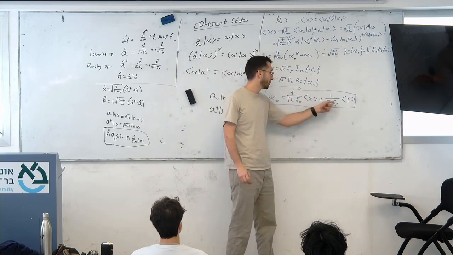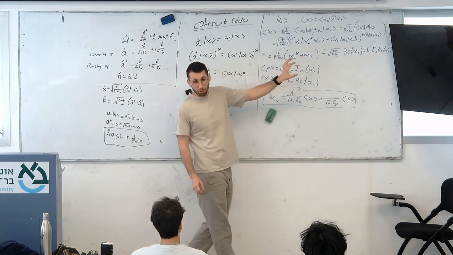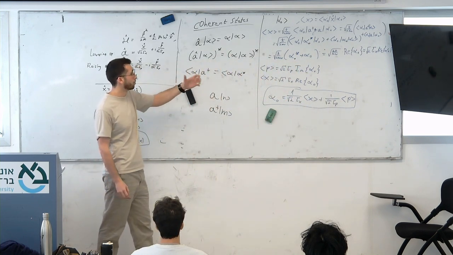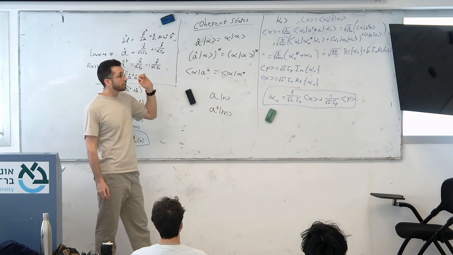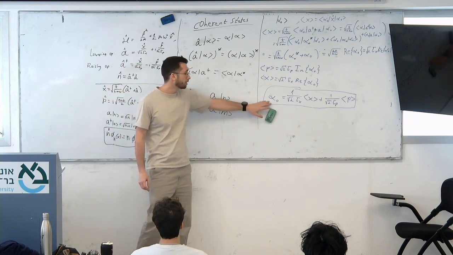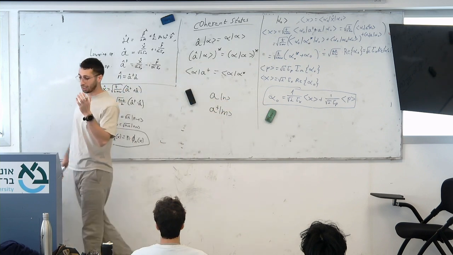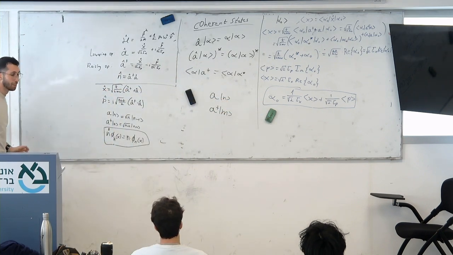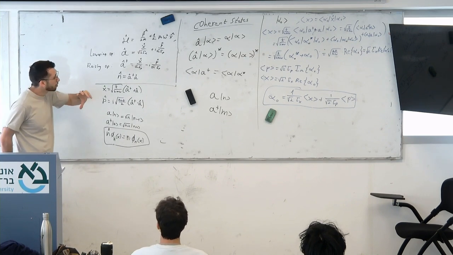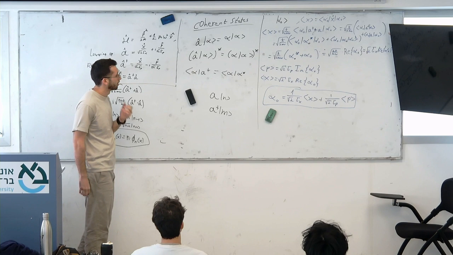This is almost like the classical limit of some state. This is why we call coherent states quasi-classical states, because they are similar to classical states.